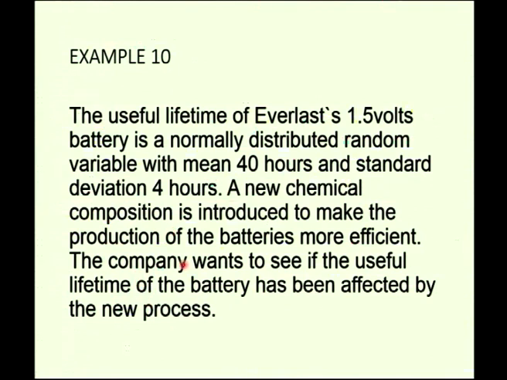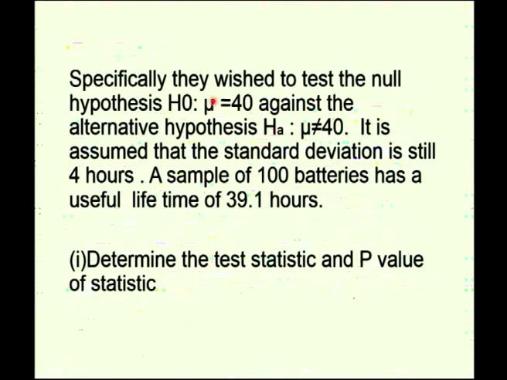That is, the company wants to see if the useful time of the battery has been affected by the new process. Specifically, they wished to test the null hypothesis H naught mu is equal to 40 against the alternative hypothesis mu not equal to 40. It is assumed that standard deviation is still 4 hours.